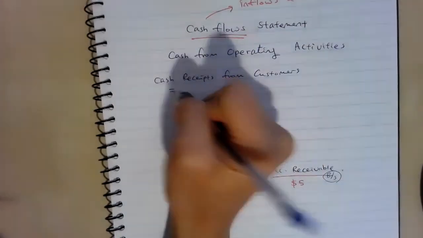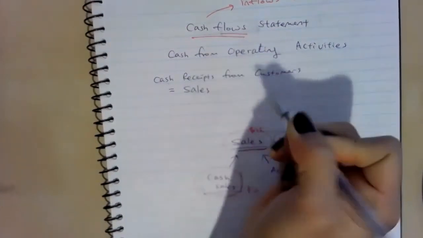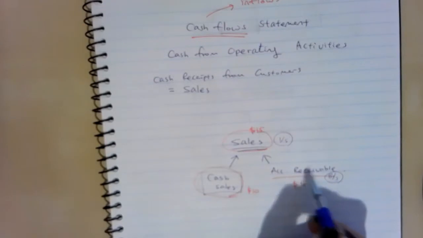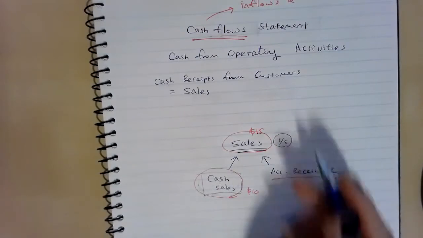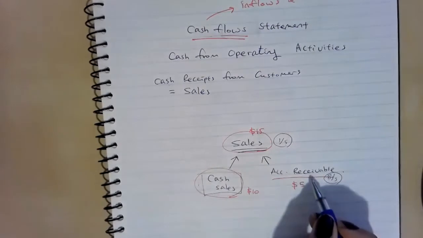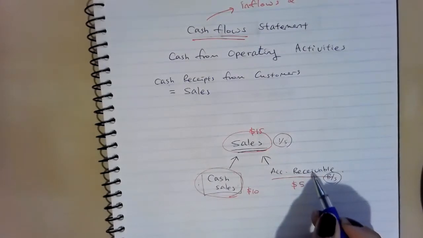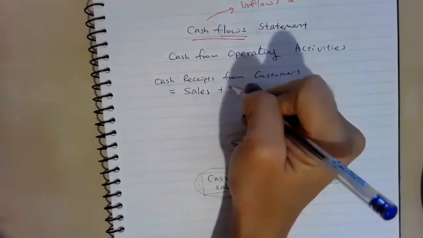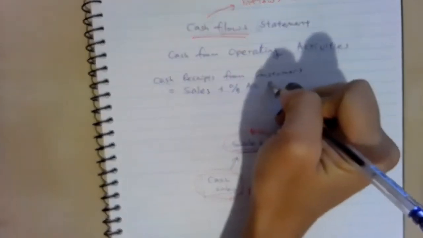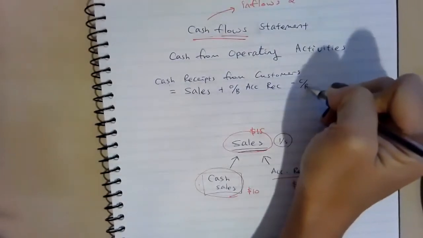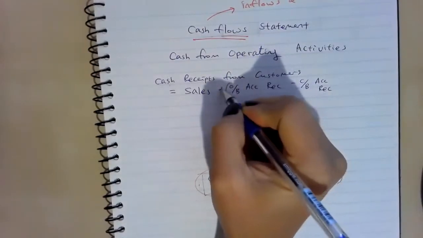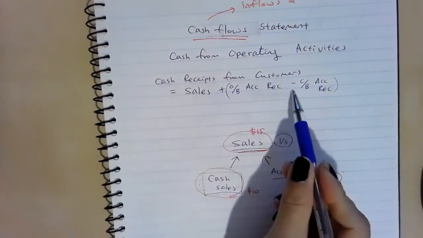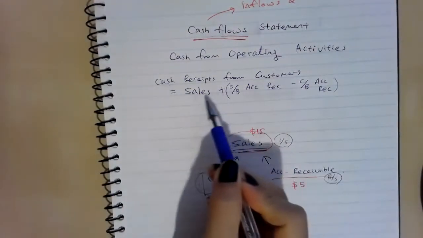So how to calculate cash sales is sales, and then we exclude the increase in accounts receivable, or credit sales. How we do that is the difference between the opening balance of accounts receivable and the ending balance of accounts receivable. So we add the opening balance of accounts receivable and take away the closing balance of accounts receivable. And that's how we adjust sales for credit sales.